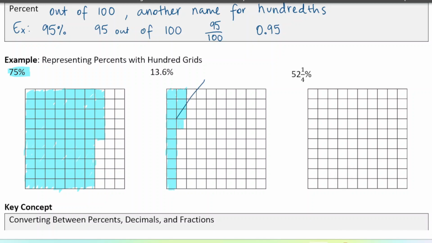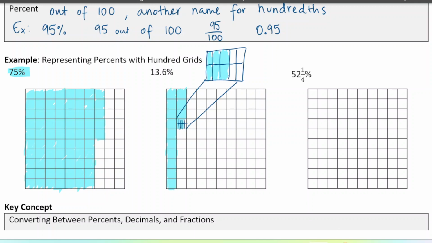So what I'm going to do is do a little zoom in of that square there. And I'm going to split this into 10. 1, 2, 3, 4. And I'm going to color in 6/10 because 0.6 means 6 out of 10. 6/10. There we go. So that's just a little zoom in of what's colored in there so you can see exactly.